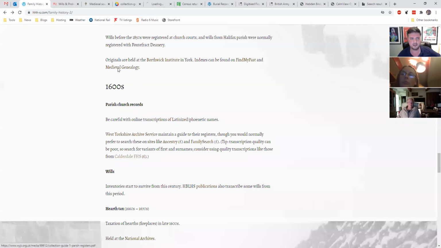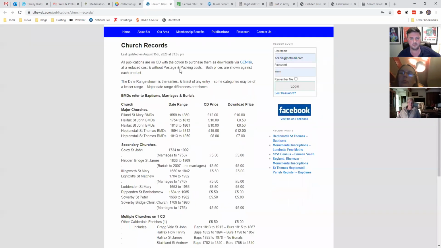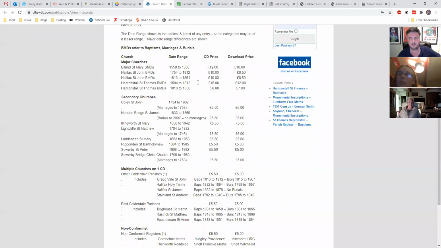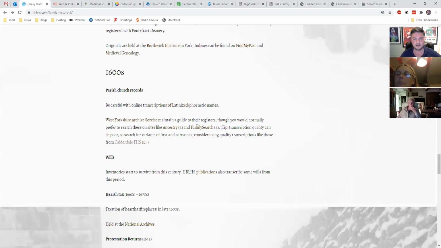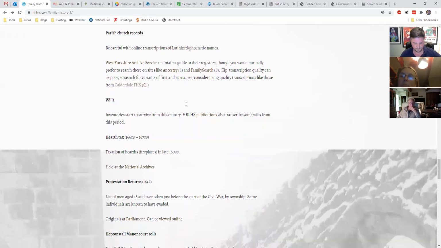Calderdale Family History Society have a series of these transcribed, and these are generally a lot better quality than what you'd find on websites like Ancestry, where they struggle with transcriptions from the 1600s, partially due to the handwritten Latin and partially due to the phonetic way in which surnames are spelled. For example, my surname Shaw was spelled Shea until about 1650. So you've got to be a little bit careful about searching for names.